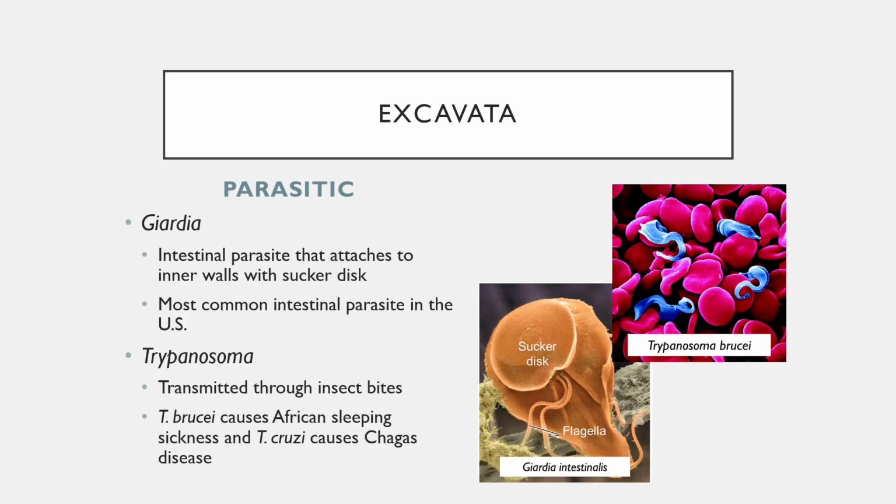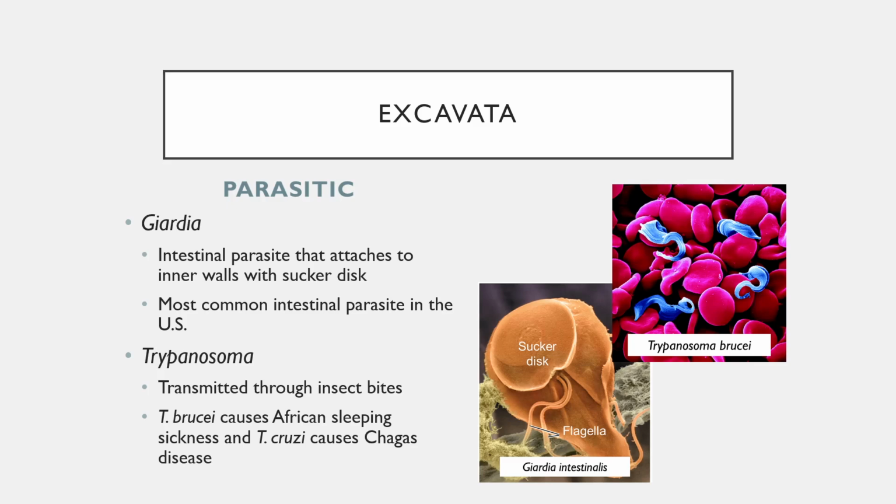They are transmitted through insect bites, and there are two noteworthy human pathogenic species within this genus. T. brucei is the cause of African sleeping sickness, and T. cruzi is the cause of Chagas disease. And between these two, the one that is endemic to the Americas is Chagas disease.